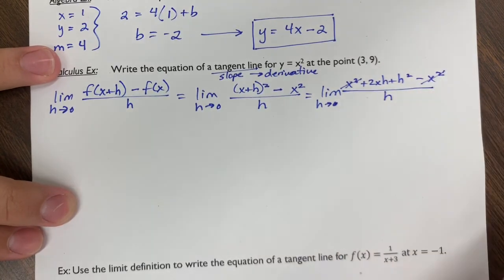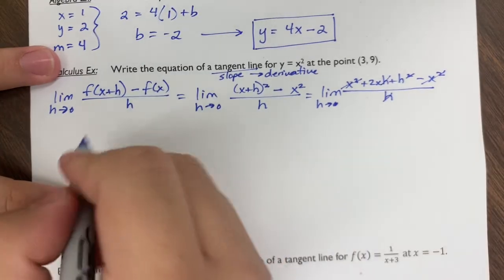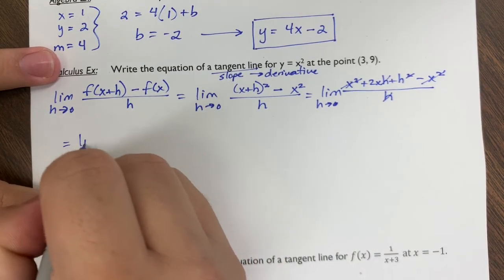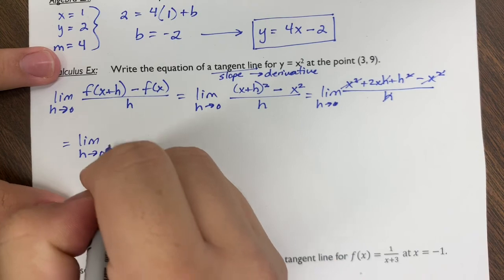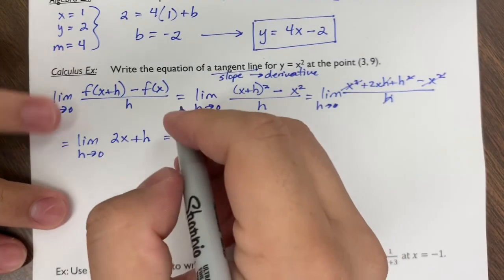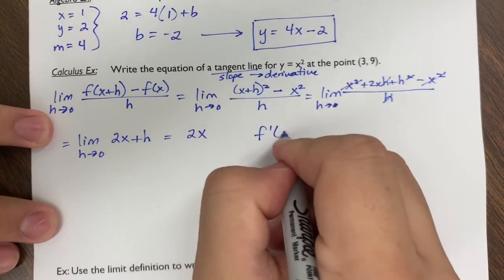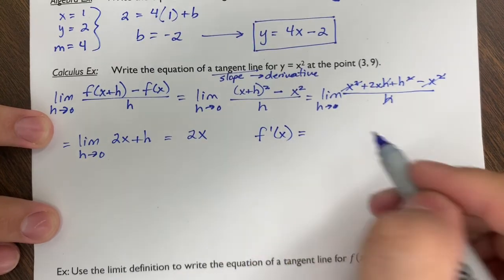My x squares cancel, and an h cancels out of everything, so I'm left with the limit as h approaches 0 of 2x plus h. When I plug in 0, I get 2x. So this is the function of my derivative.